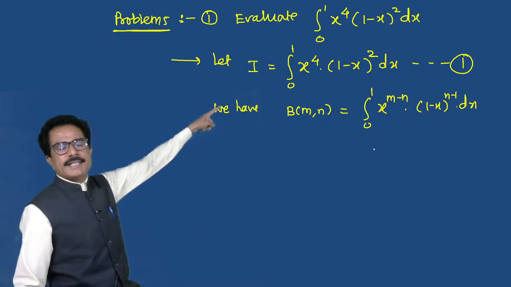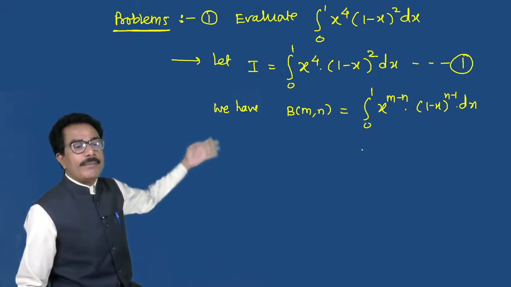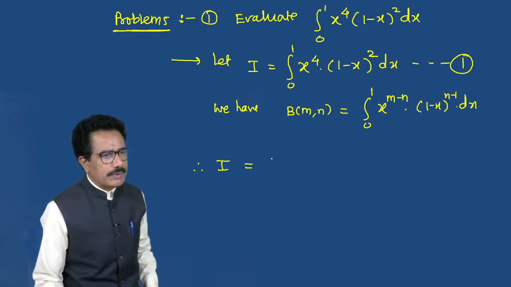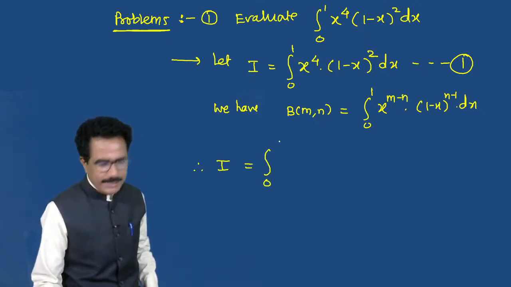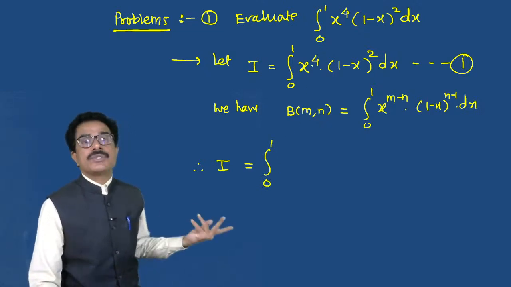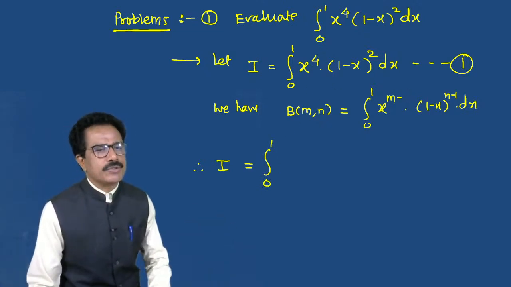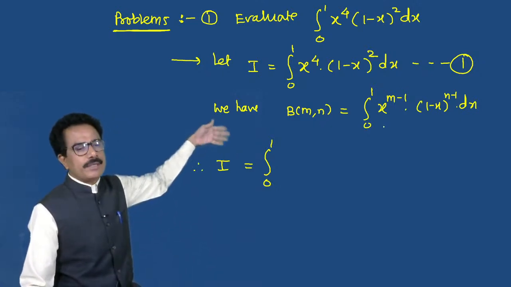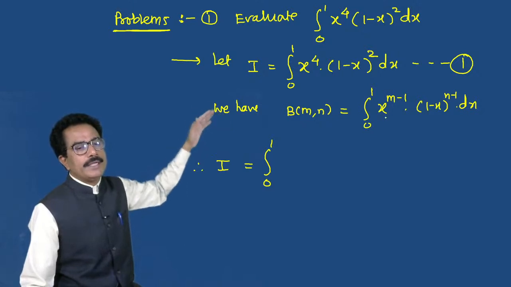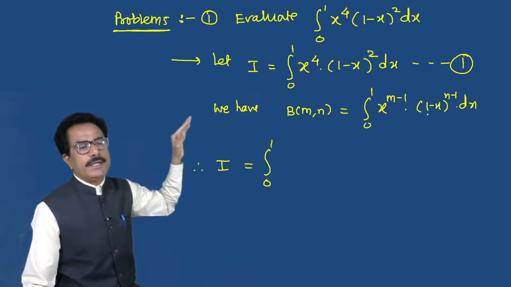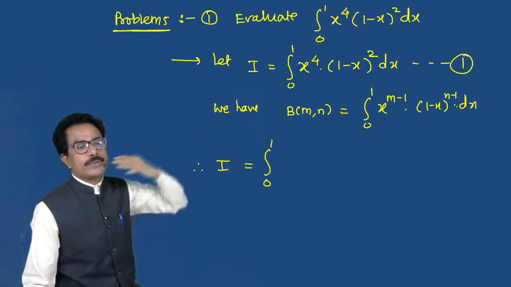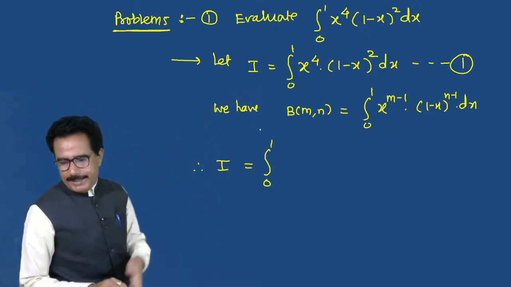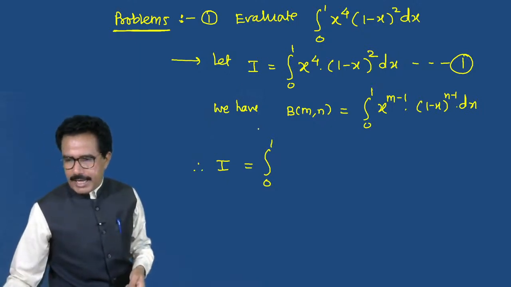Now we can write this integral I in the form of a beta. So therefore I is equals to integral from 0 to 1 x raised to 4. Oh, sorry, इथं m minus 1 आहे. According to the definition of the beta function, integral from 0 to 1 x raised to m minus 1 into 1 minus x raised to n minus 1 dx.